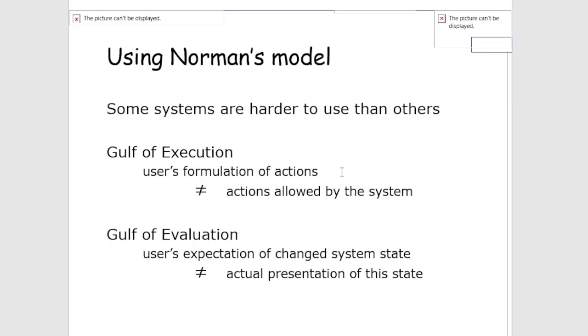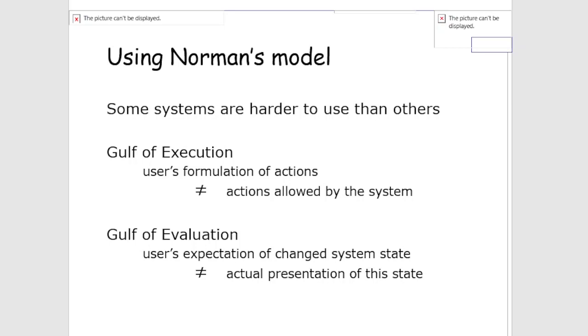And of course, some systems are harder to use than others. Using Norman's model gives us two things: the gulf of execution and the gulf of evaluation. The gulf of execution is when the user's formulations of actions are different from the actions allowed by the system.